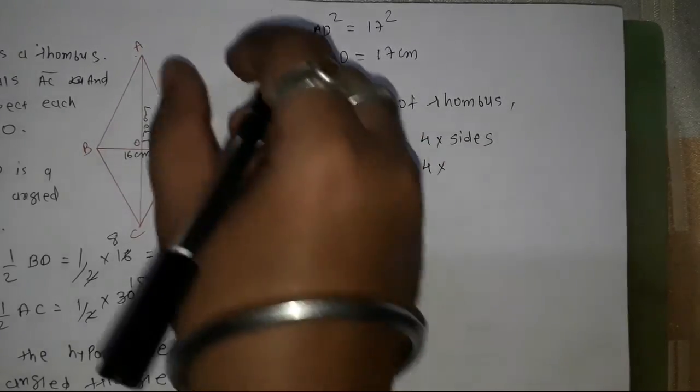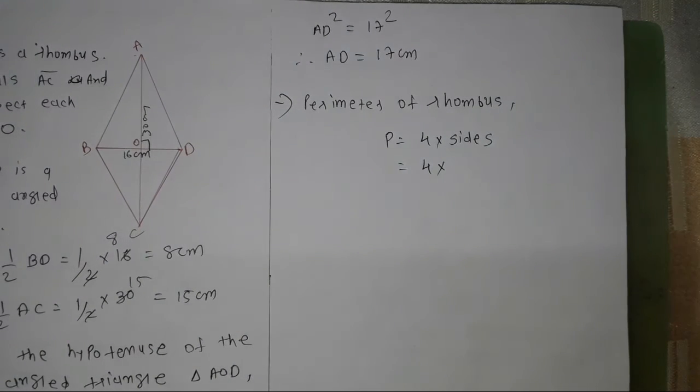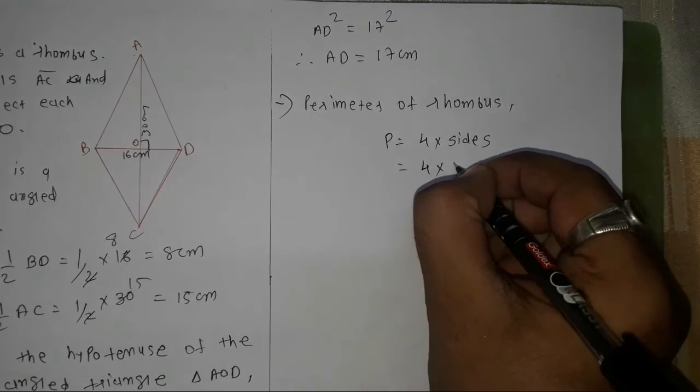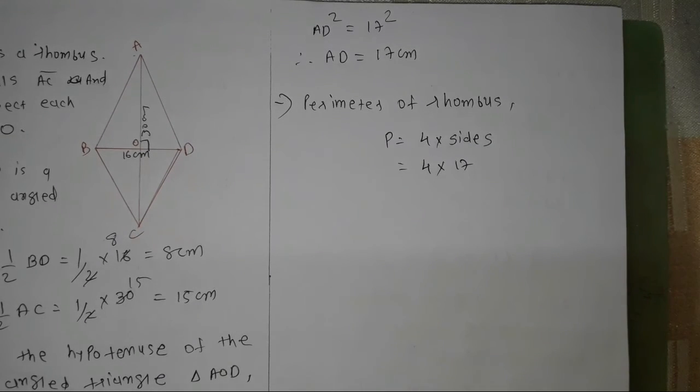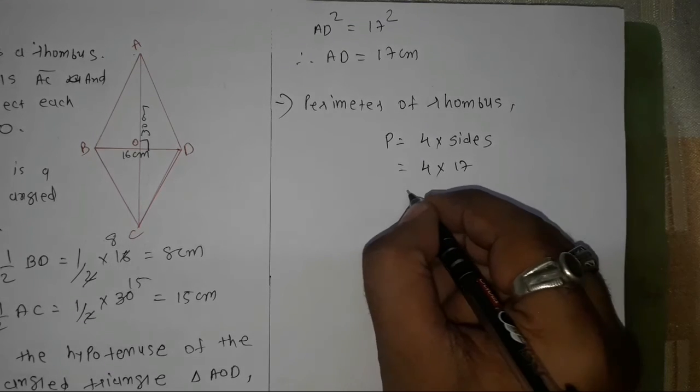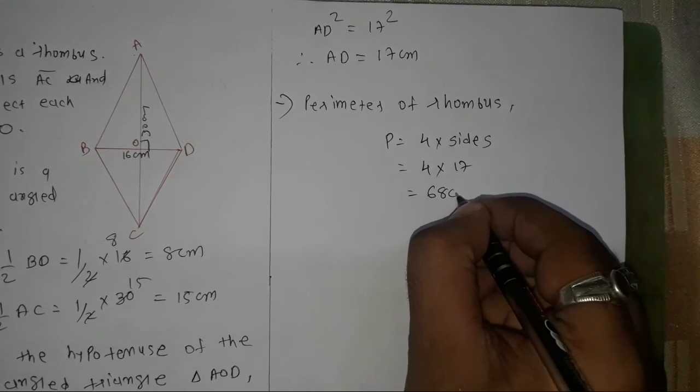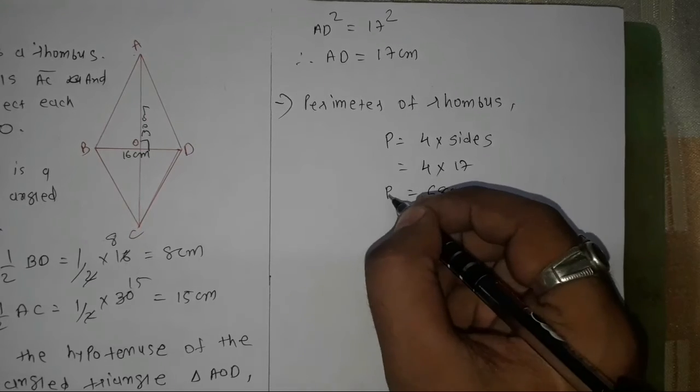So 4 into the measure of one side, which is 17 centimeters. So here we have to do 4 into 17. We all know 17 4s are 68. So 68 centimeter is the perimeter of the rhombus.